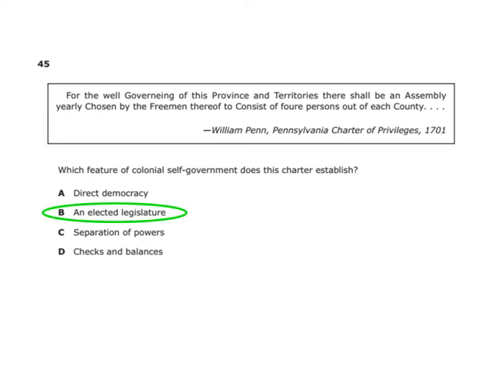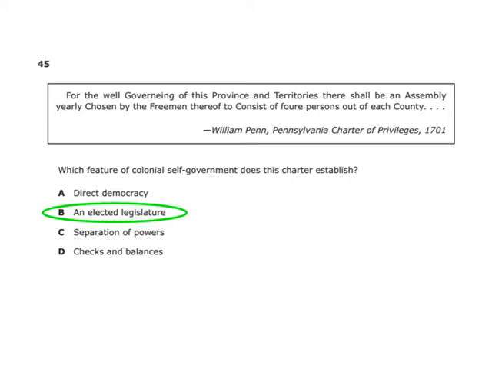It says that for the well-governing of this province and the territories in it, there shall be an assembly chosen by the freemen. Right there, assembly chosen by people. That's, well, we elect these people to this assembly, this legislative body. We elect them. We choose them.